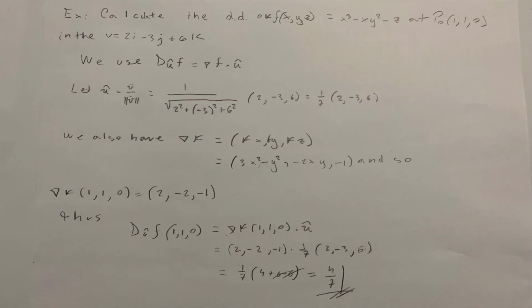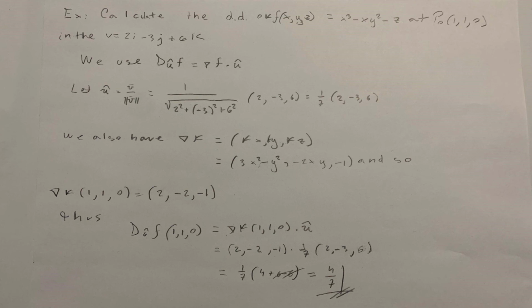Okay, based on the information I gave you, you should be able to do this next example that says: calculate the directional derivative of f(x,y,z) equals x cubed minus xy squared minus c. Remember, f(x,y,z) will be our function, and then it's said at P(1, 1, 0), that's our point.